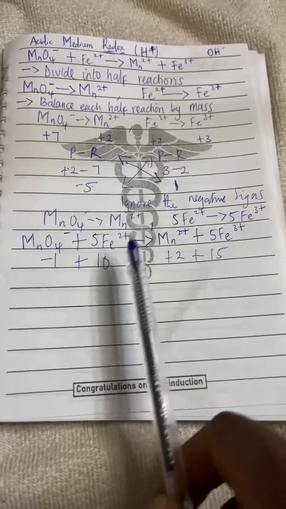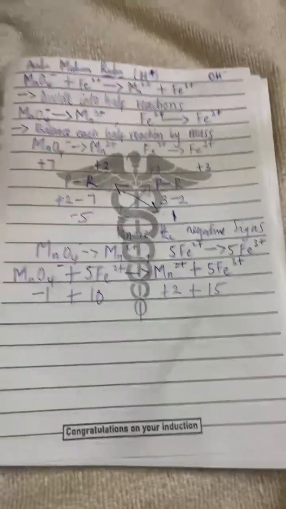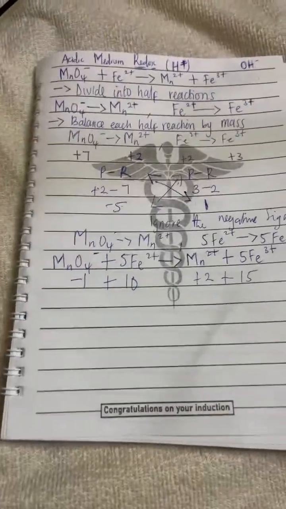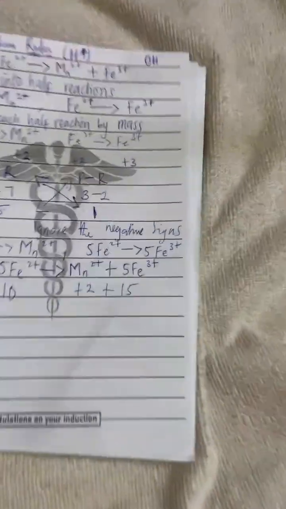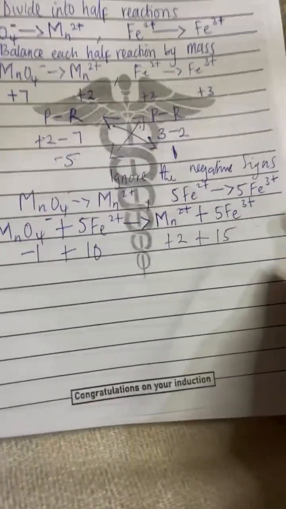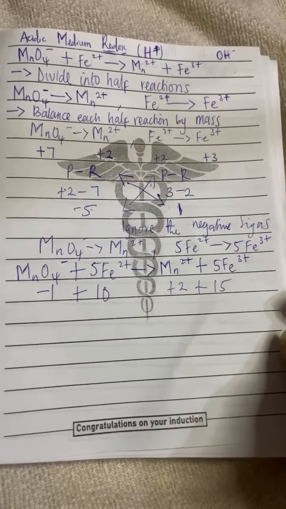So you add it together, right? -1 plus 10 is what?